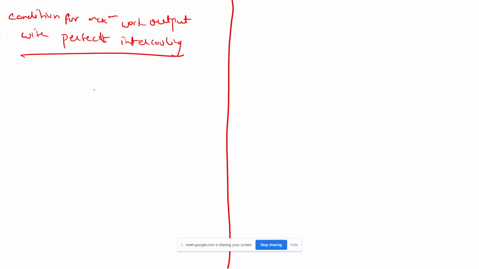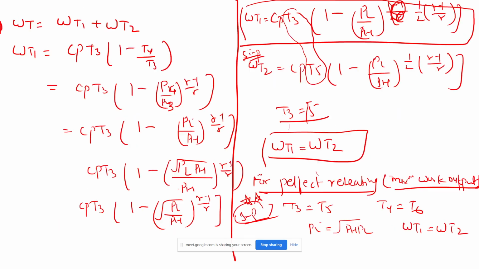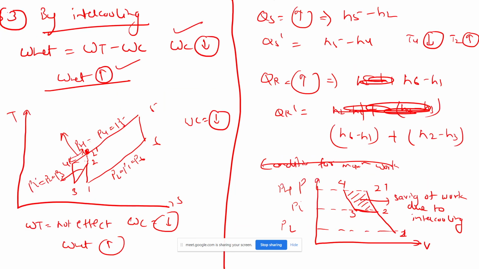What will be the conditions for the maximum work output with perfect intercooling? This we have discussed in reheating. So what will be the condition here? You tell, I will not tell this.